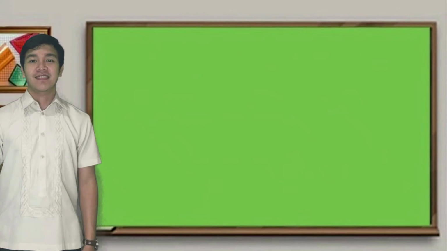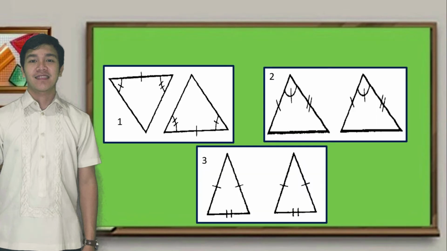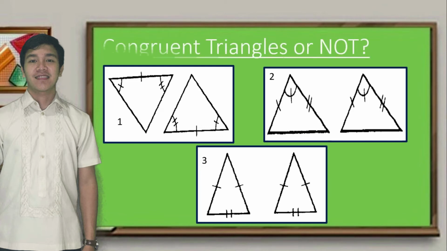Now let us check your answers a while ago. So we have to determine if the following given are congruent or not. For number 1, very good. Number 1, figures are congruent. And if you analyze, number 1 is congruent because of the criterion ASA.